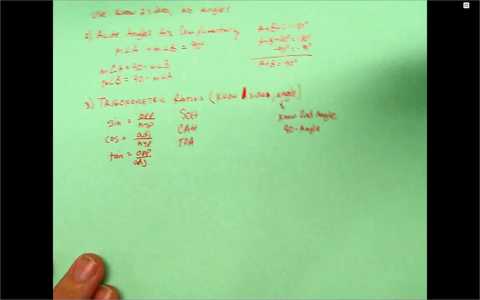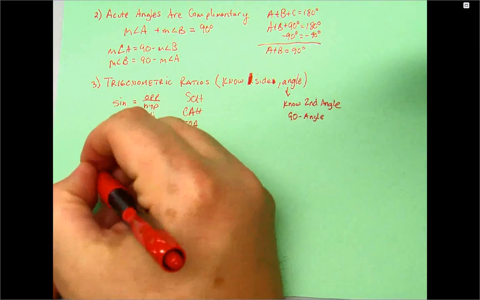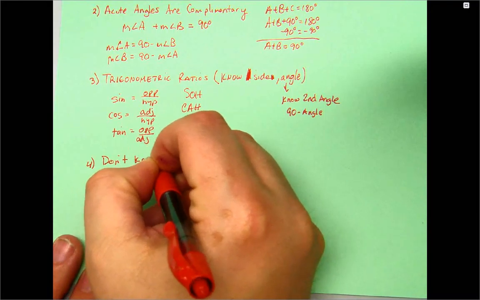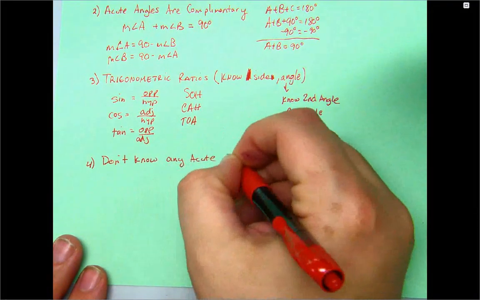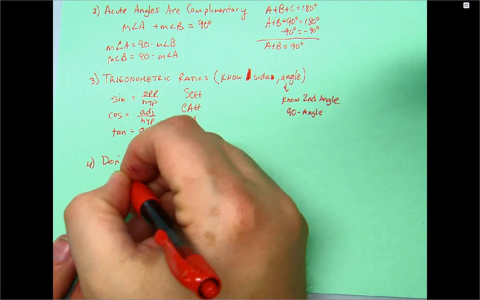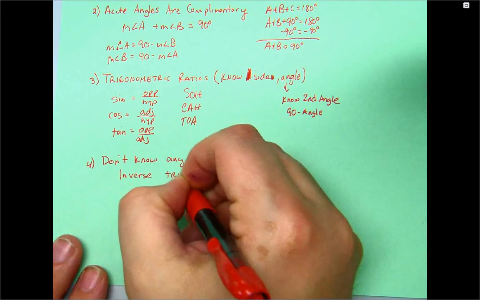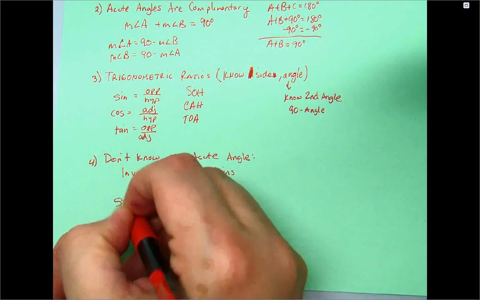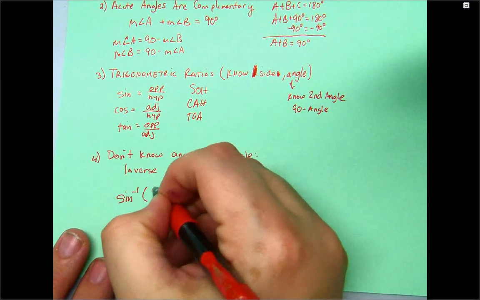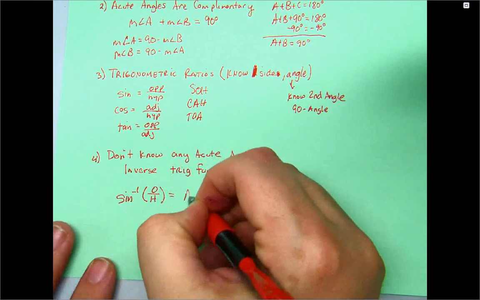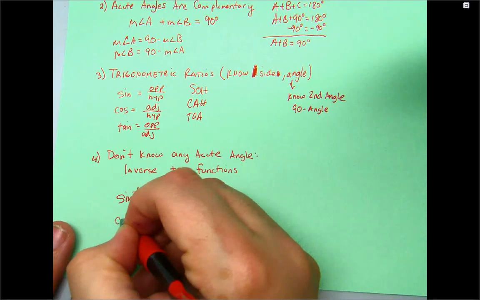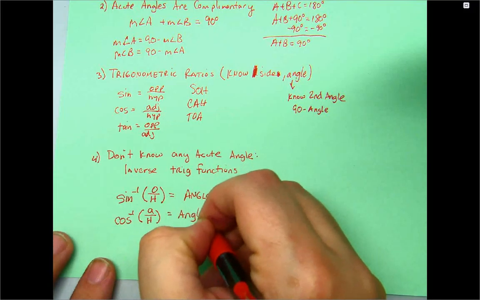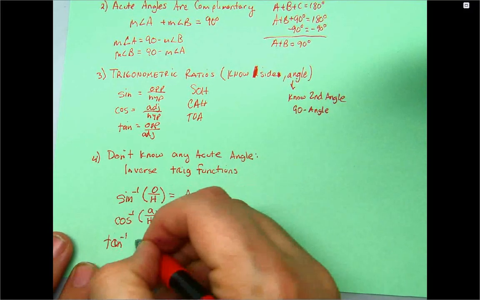Now, the only thing that is going to get you an angle when you don't know any acute angle is the inverse trig functions, which would be the inverse sine of the opposite over hypotenuse is equal to the angle, or the inverse cosine of adjacent over hypotenuse is equal to the angle, or the inverse tangent of opposite over adjacent is equal to the angle.